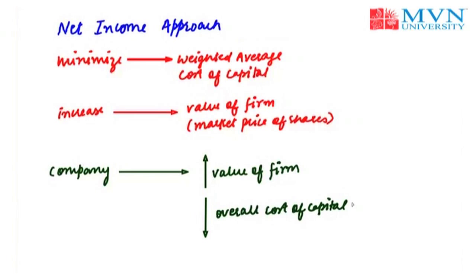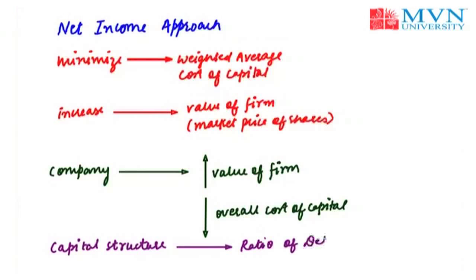its capital structure. Capital structure is about the ratio of debt and equity, and the optimum capital structure can differ from one organization to another. In the same way, the ratio of debt and equity can differ from one organization to another.